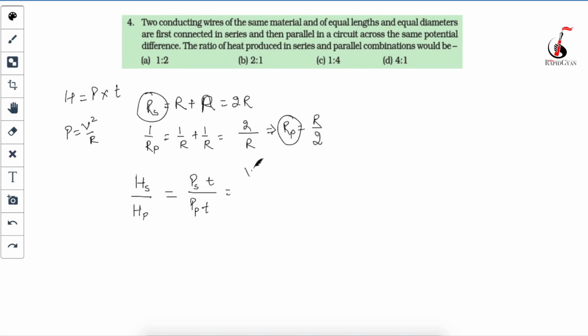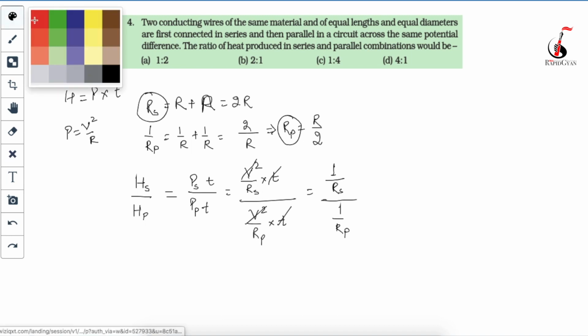Power is equal to V square upon R in series multiplied by T, upon V square upon R in parallel multiplied by T. T and T cancel out, V square cancels out. What you will get is 1 upon Rs upon 1 upon Rp.